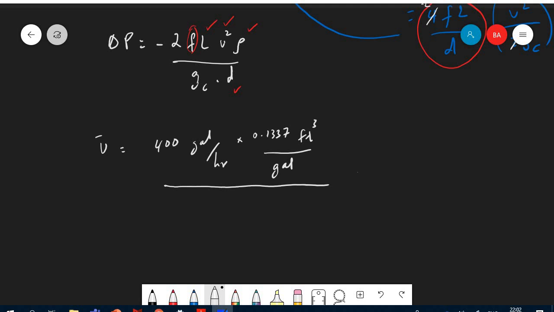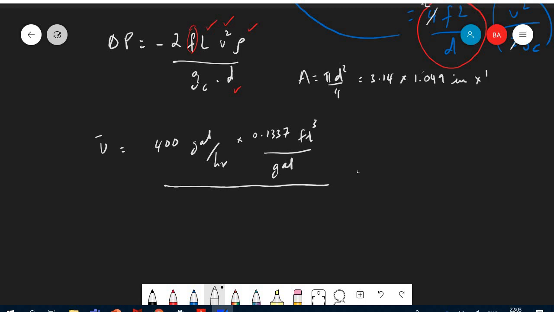I did not find the area, so let me find the area first. Where should I do this? Okay, let me do it here. So area is equal to pi d square over 4, which is 3.14 times the diameter. The diameter is 1.049 inches, right?